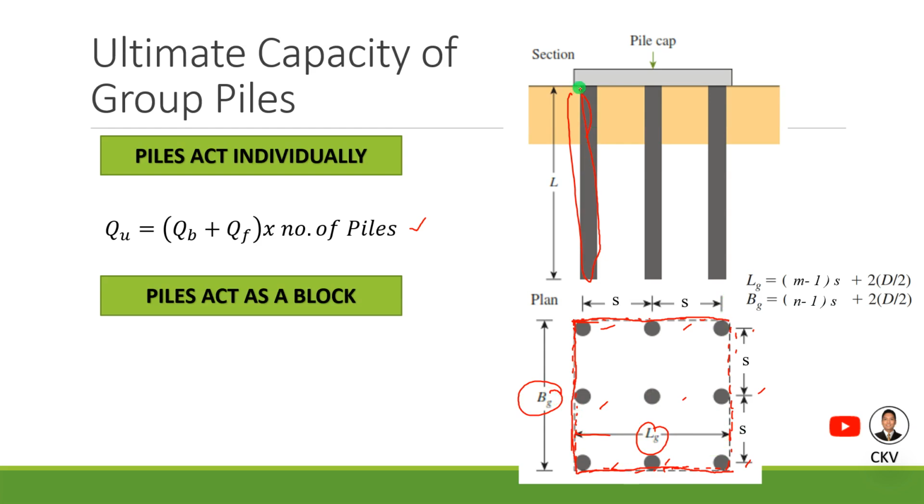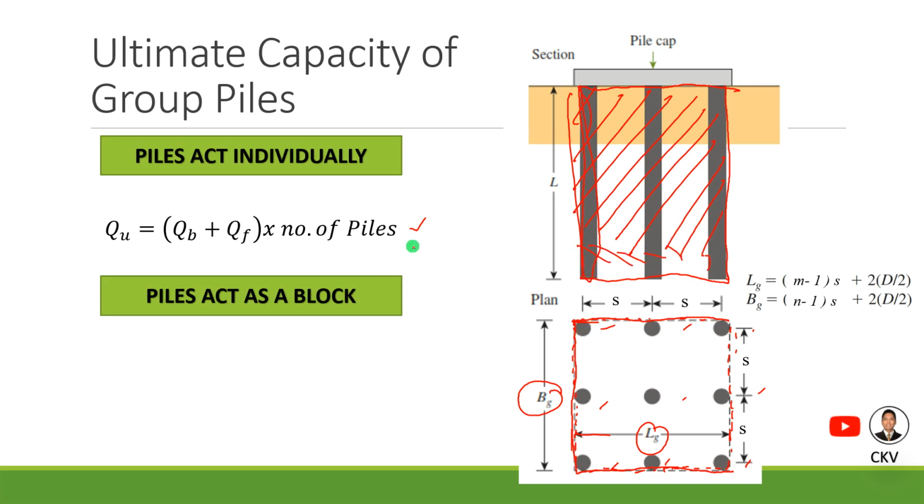So in this section, we can see this as a rectangular prism. This will be your group of piles as a block. We consider this as a single pile forming this shape.